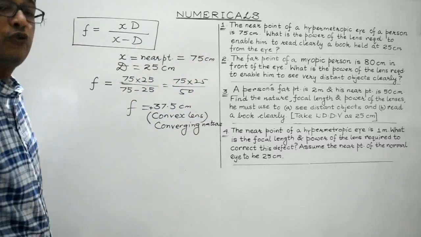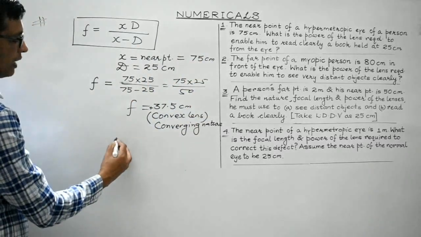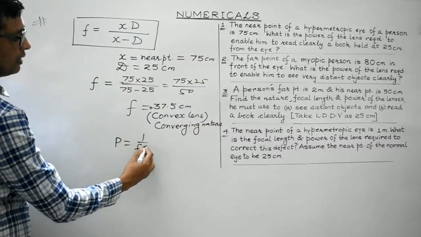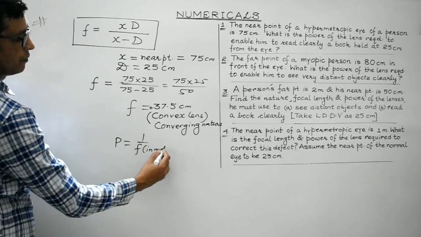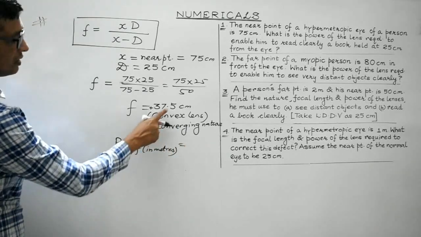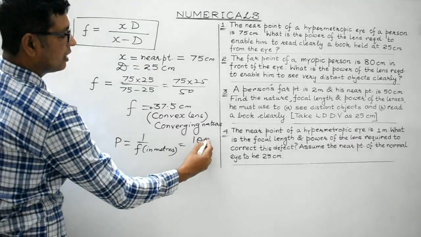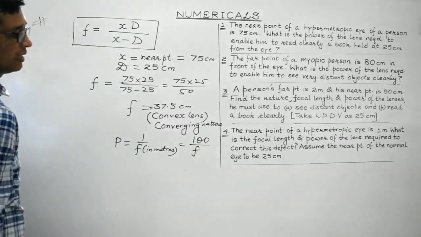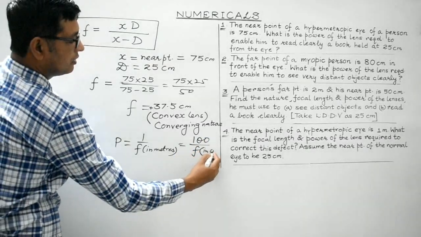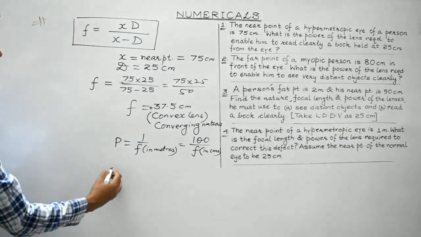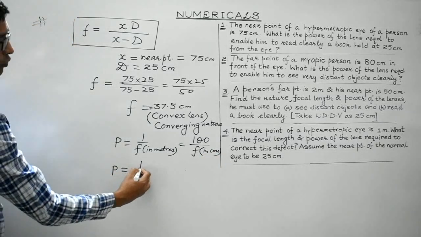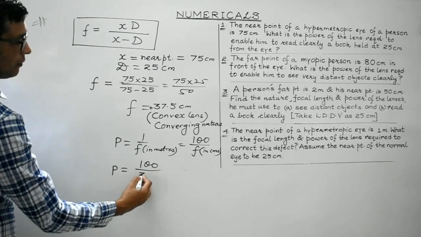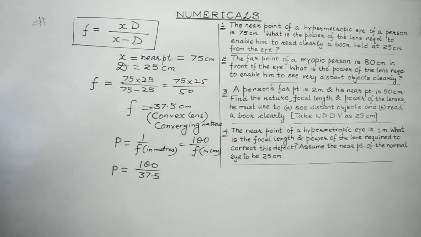Now here we are supposed to find out the power of the lens. Power, as we are aware, is equal to 1 by f in meters. So since it's in centimeters, it can be written as 100 by f in centimeters, right? So what we get is P is equal to 100 divided by 37.5.